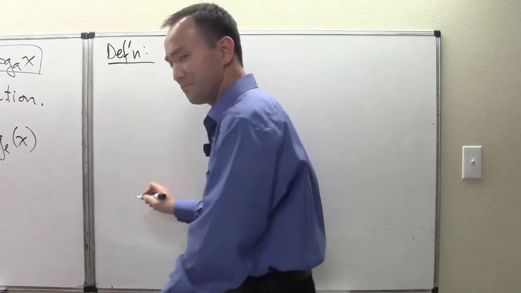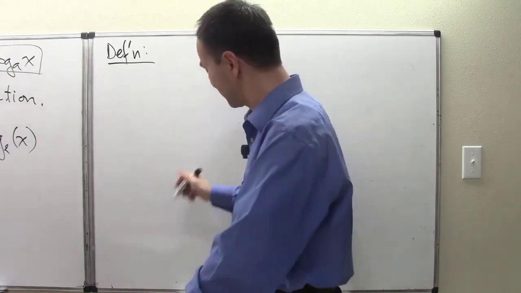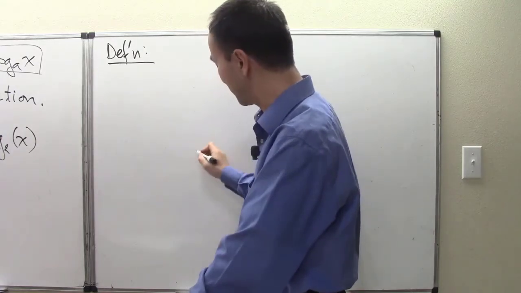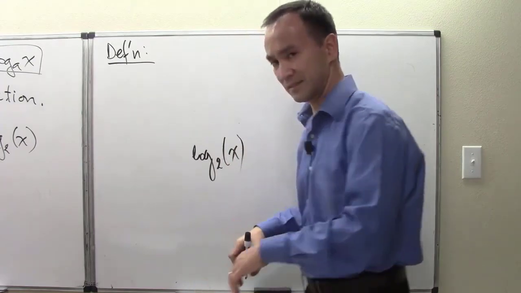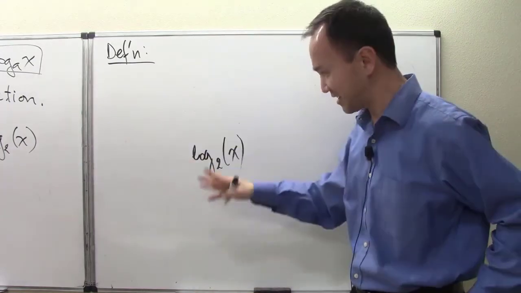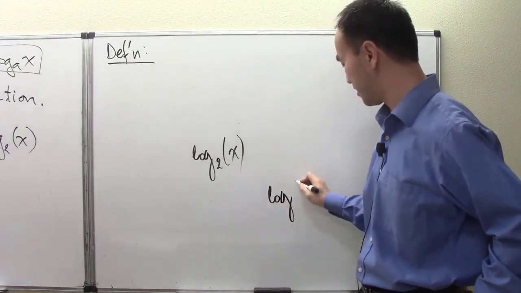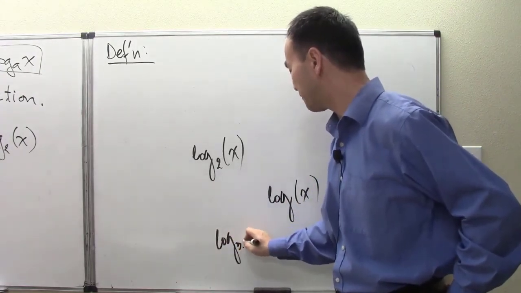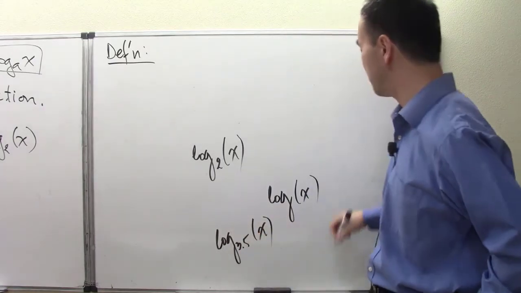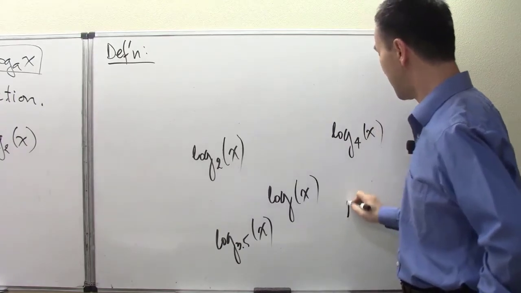So before I write down the wording of this, I have to clarify a little more. Earlier in that lecture I wrote down a few rules that involve log base 2 of x, log base 10 of x, and log base 3.5 of x. We worked through our examples, and then log base 4 of x, and log base e of x.